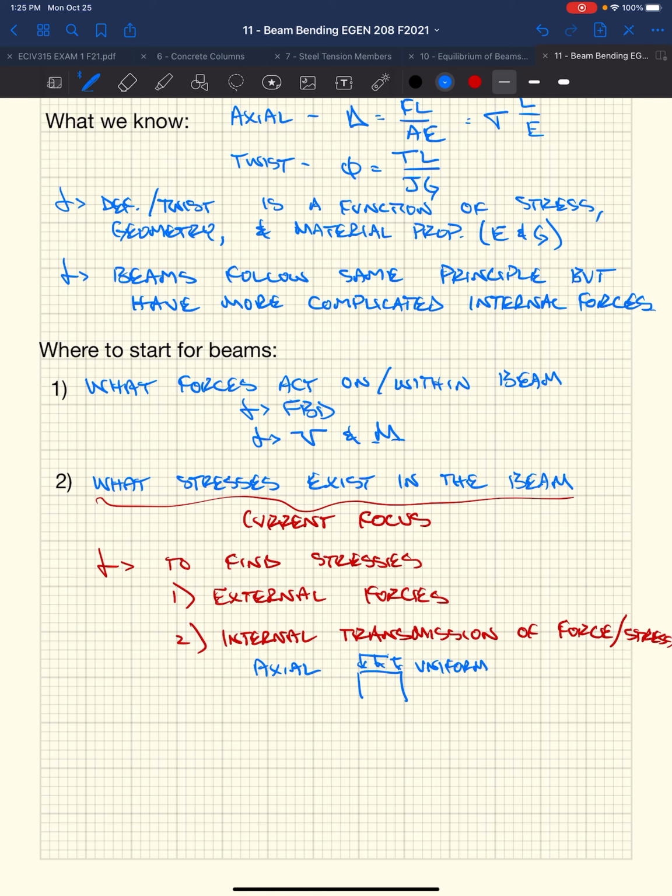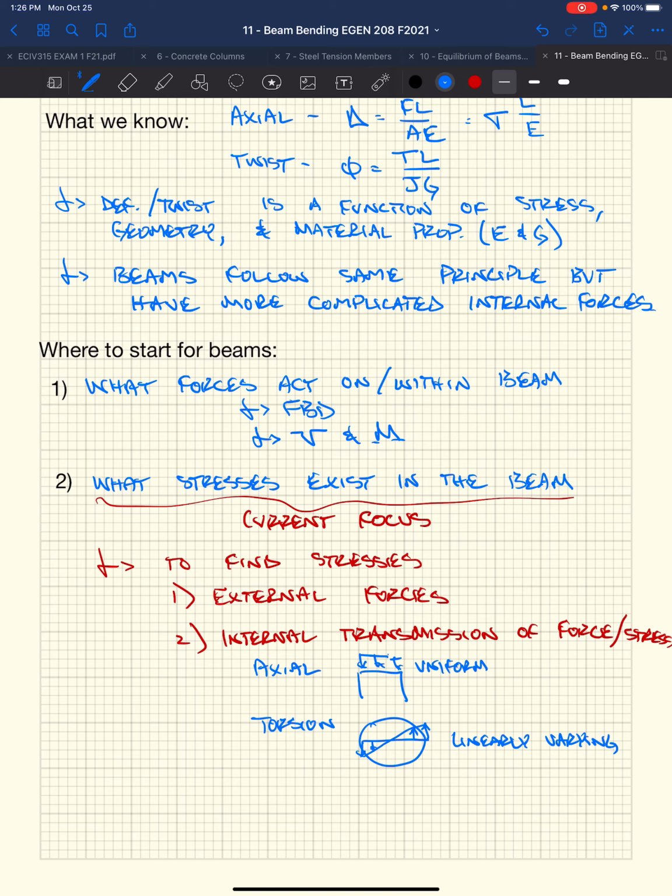Whereas torsion creates a linearly varying stress. We did this huge long derivation.